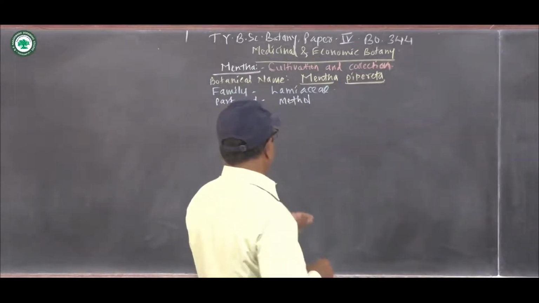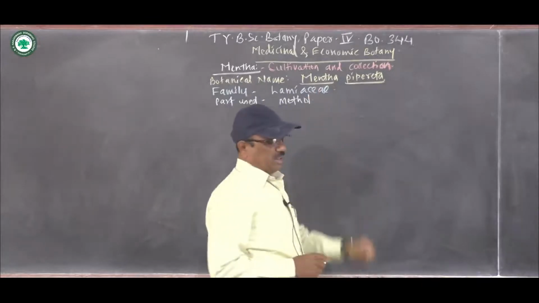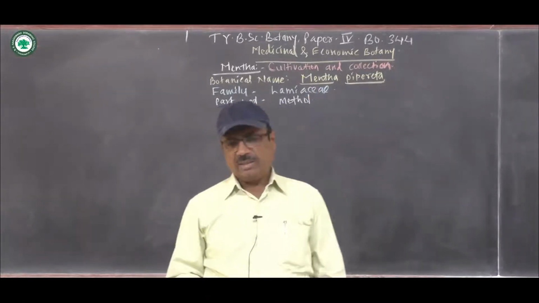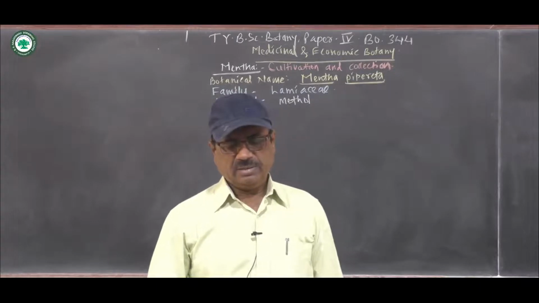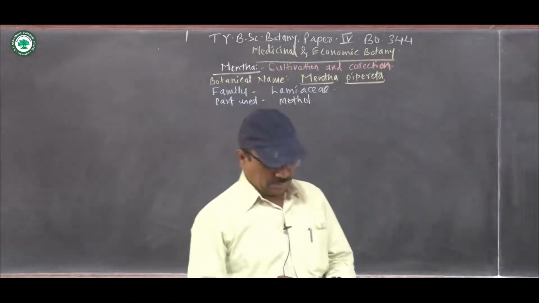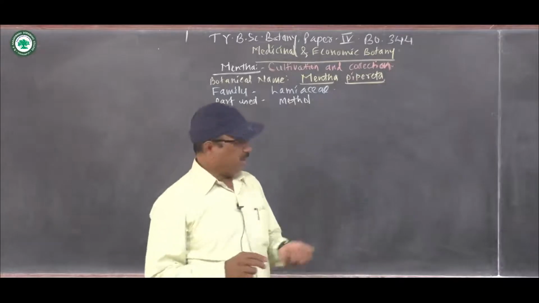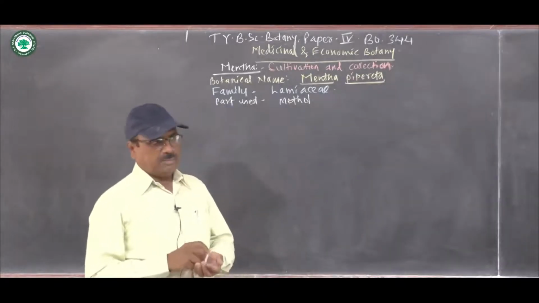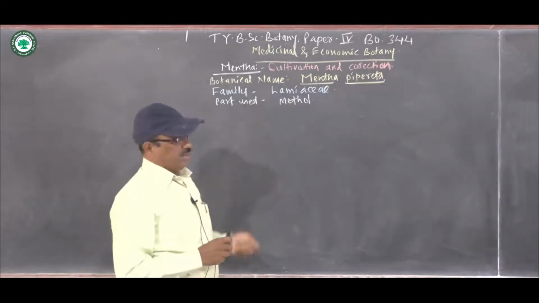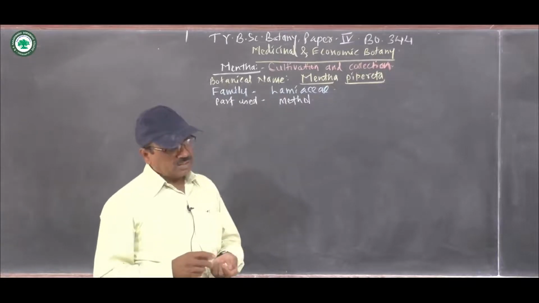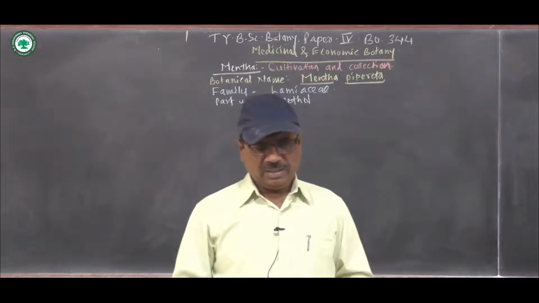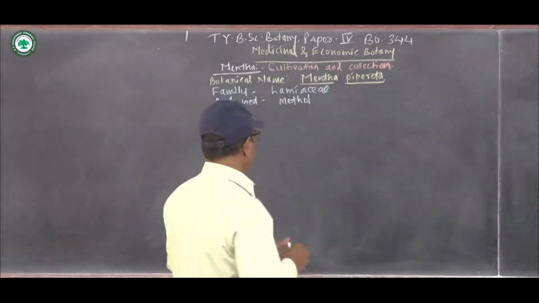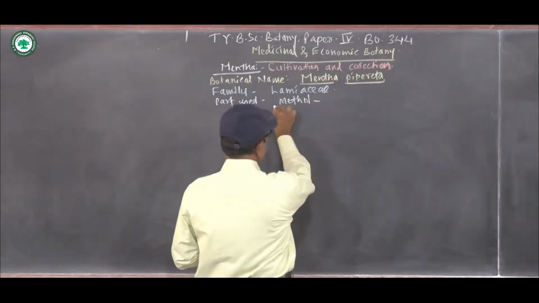So here, if we see this plant, Mentha piperita, actually it is a small herbaceous plant, belonging to family Lamiaceae, and this plant is commonly cultivated for its volatile oil, and that volatile oil consists of the menthol.